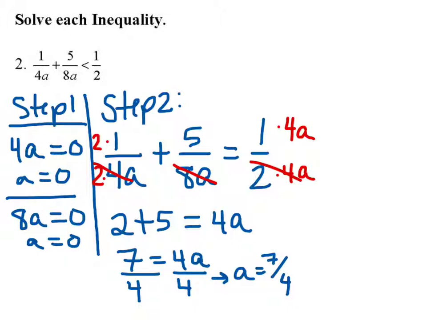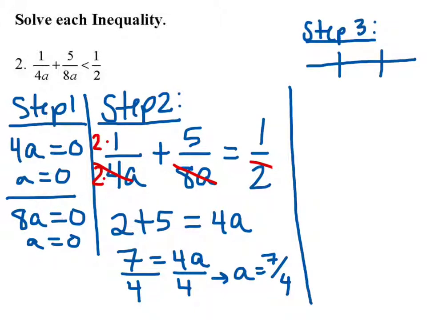Step 3 is to make sure that we plug these two values from step 1 and 2 onto our number line. So step 3 was to make sure that we put our excluded values and any values we found in step 2.